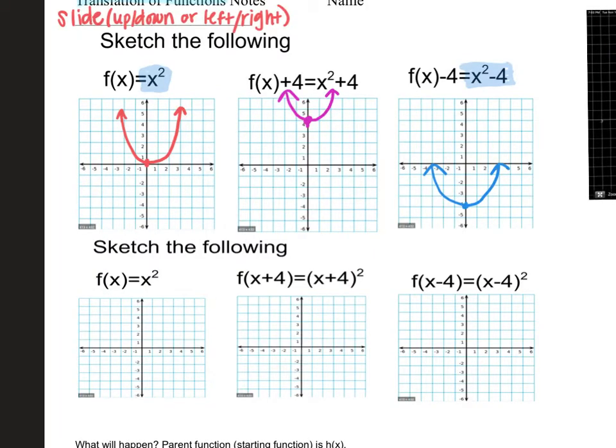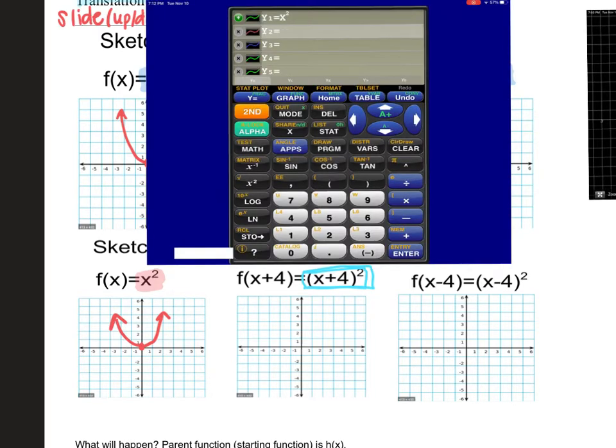All right, so we can already look at this next one, and it says f of x equals x squared, and we know that the basic f of x function starts at 0, 0 and is shaped like a U. So we can go ahead and draw that. And let's look at our graphing calculator. We're going to type parenthesis x plus 4 parenthesis squared.